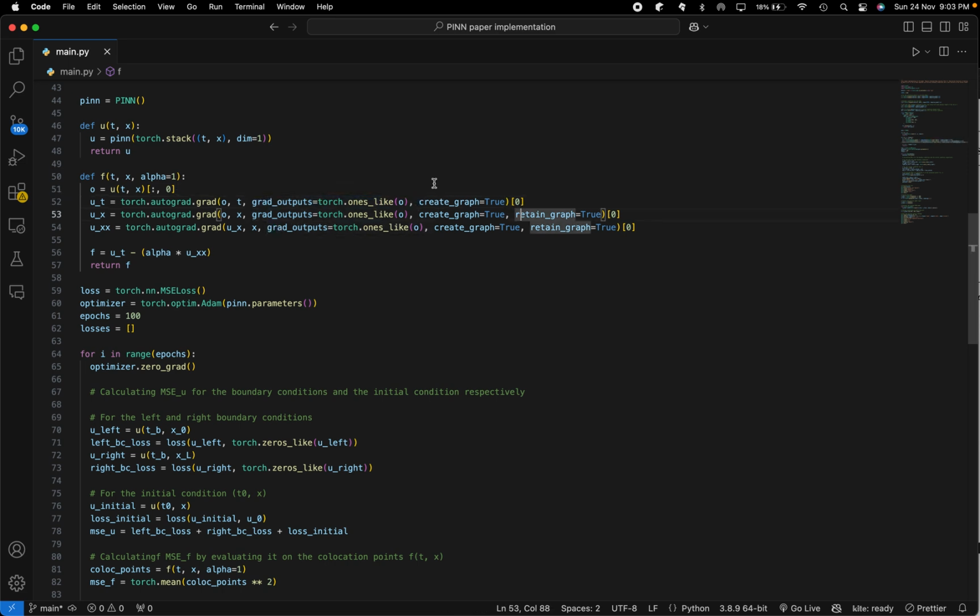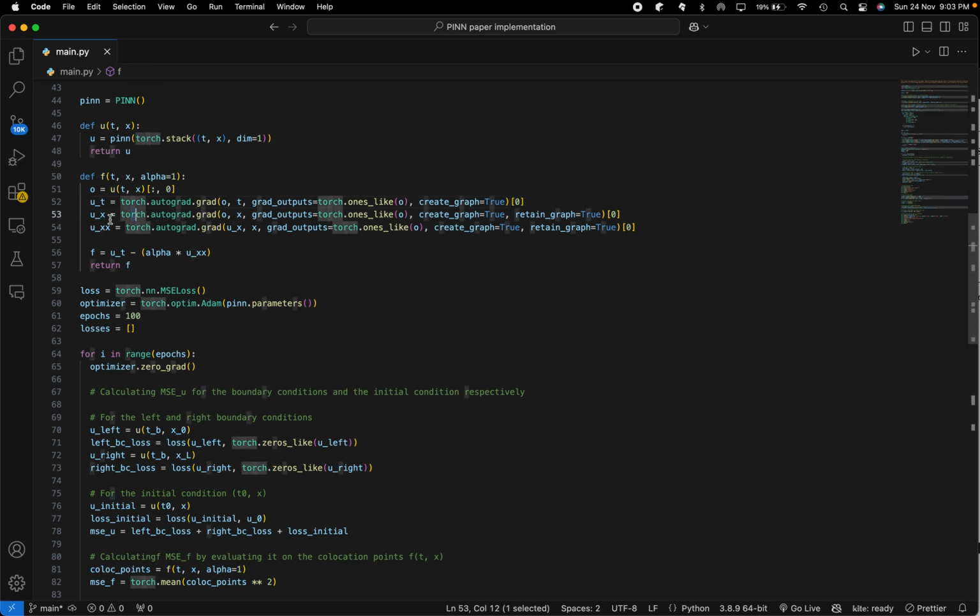So basically you're calculating the gradients, but then you want what shape of a tensor you want in order to actually project these outputs. Well, then you just pass in this, and then you just say create graph equals true, and then you extract the 0th element because there are 2 elements in there, or something like that. So you just extract the 0th element.